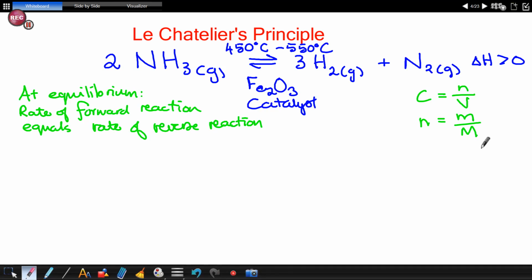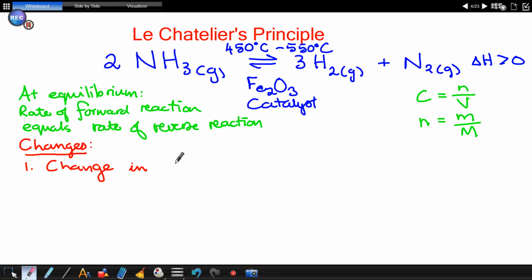Okay, ready to roll? Yes. This is the change we are going to bring. So the changes I'm going to discuss. Let's take first a change in concentration. Now, which one's concentration do you want to change?